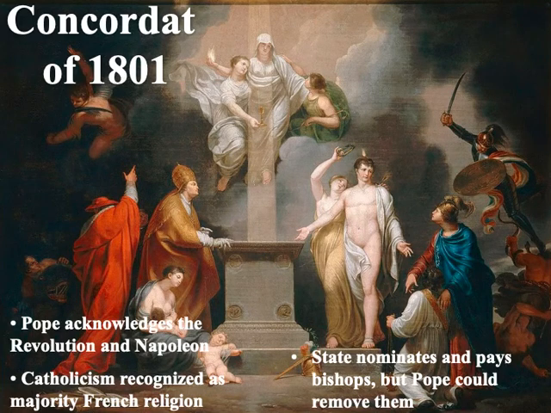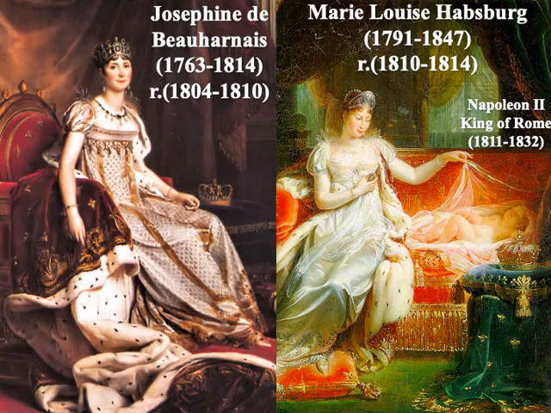Whereas Napoleon enjoyed great success on the battlefield and a measure of success in statecraft, in crafting a new government for France, he did not enjoy so much success in his personal life. Napoleon had married a widow named Josephine de Beauharnais in 1804, who became his empress until 1810.